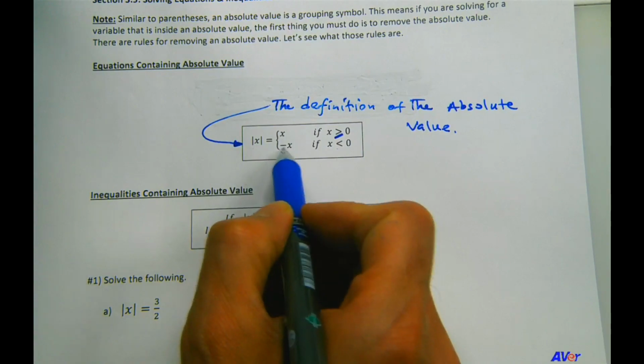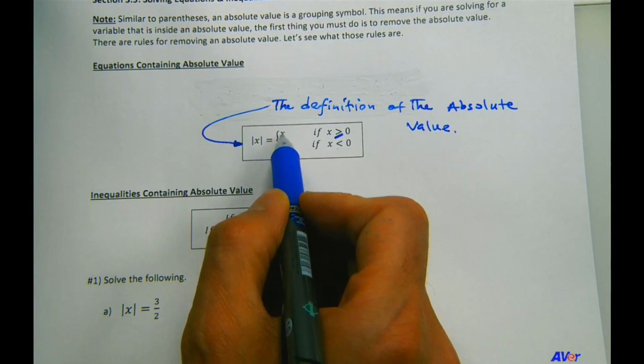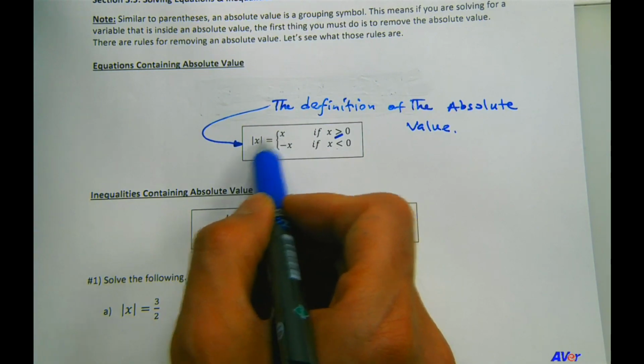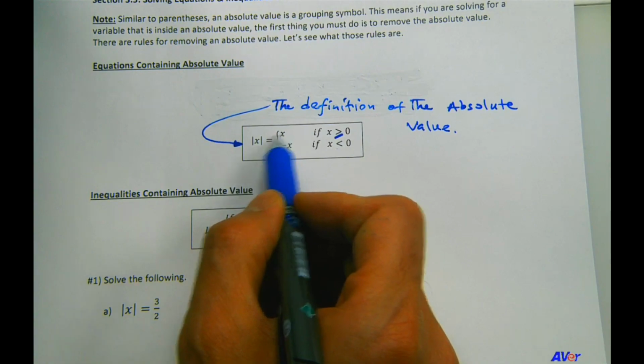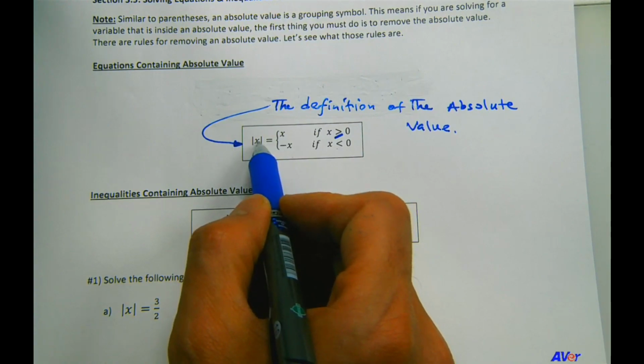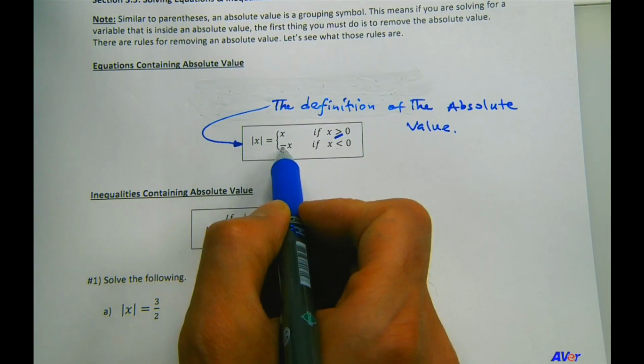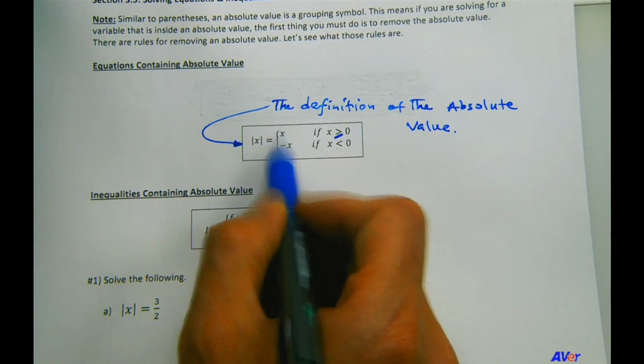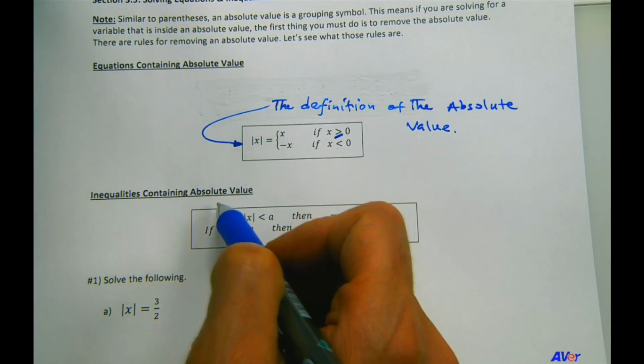One of the solutions is multiplied by negative 1. Do you see it? One solution is just the same thing without the absolute value. The original variable without the absolute value is one of the solutions. The second solution is the expression inside the absolute value multiplied by a negative 1. And then using that, we come up with two solutions.